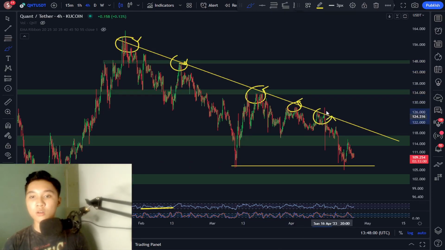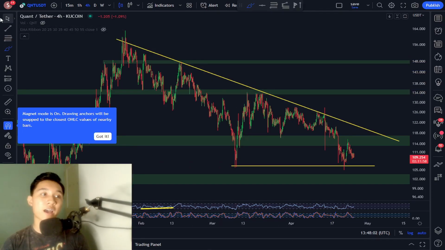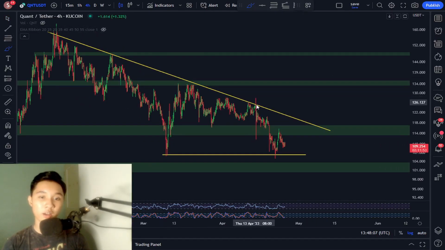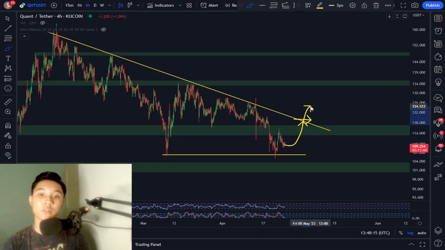First of all, I want to see the Quant price have a break above this trend line right here in the 4-hourly time frame and in the daily time frame. I want to see the Quant price pump and rally towards the trend line, but this time we must have a break above it and flip it to support. That is the bullish case.